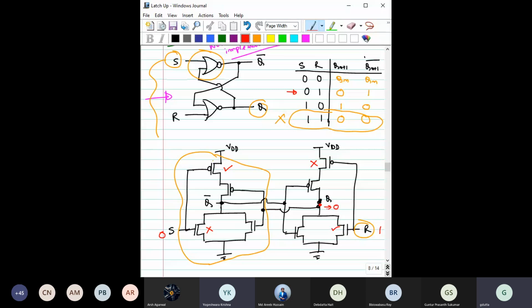Now this 0 is fed to this transistor as well as this one. This 0 makes this transistor off and this one on. So now there is a direct path from VDD to Q bar, which will charge Q bar to 1. And this Q bar is now driving this: Q bar is 1, that makes this transistor off and this one on. Anyway, this point is already connected with the ground through this.